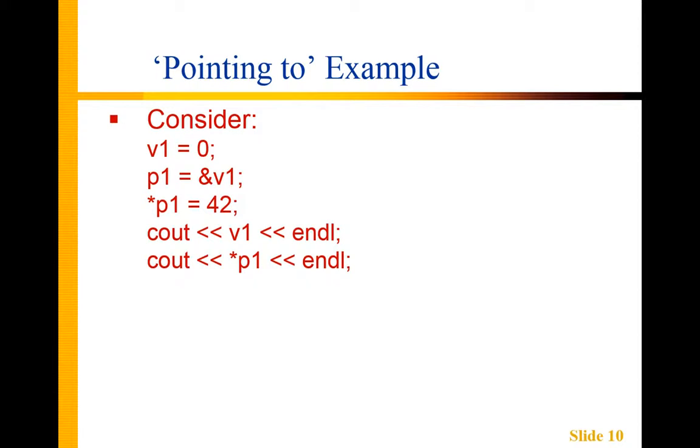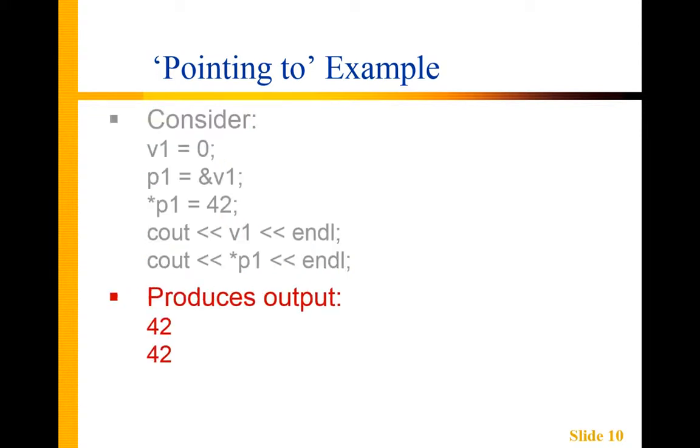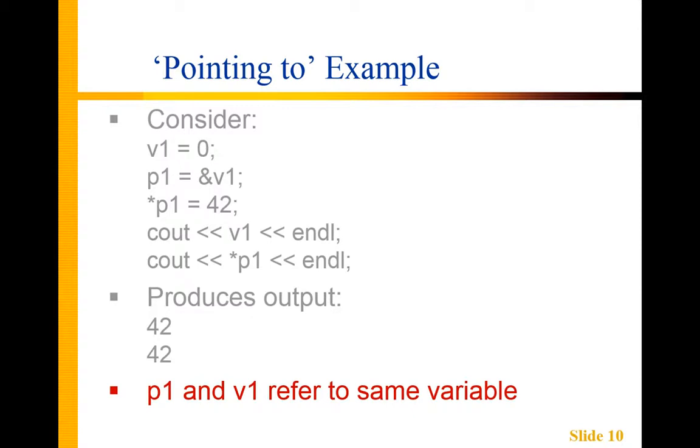And what about the next one? That should also be 42. Both of them are going to produce 42 because P1 points to V1. So we're changing the value of V1 by the pointer. We're saying whatever P1 points to, I want to assign the number 42 into that. So P1 and V1 refer to the same variable.